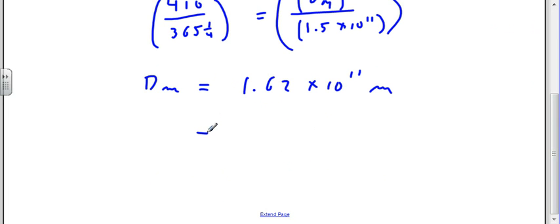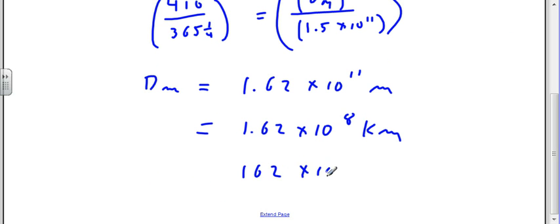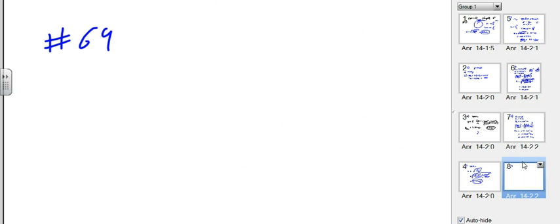If you wanted to write it in kilometers, subtract 3, 1.62 times 10 to the 8th kilometers. Or you could write it as 162 times 10 to the 6th kilometers. All those are the same. I don't know why you want to write it any different, but that's all right.